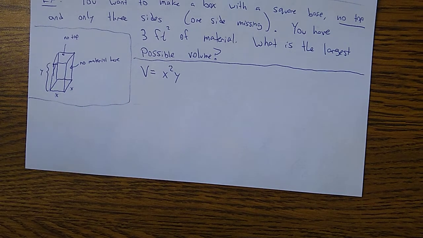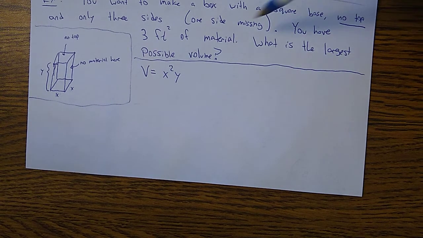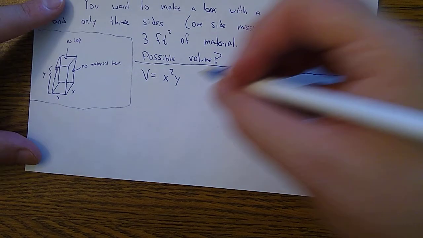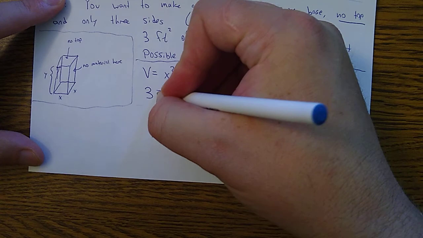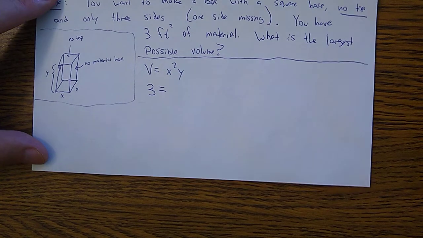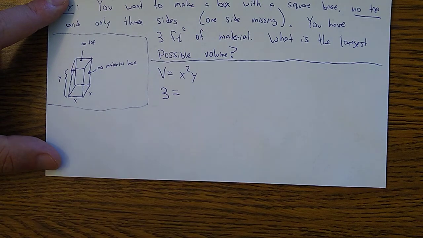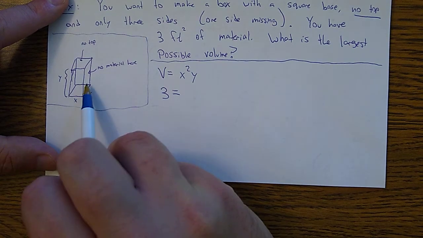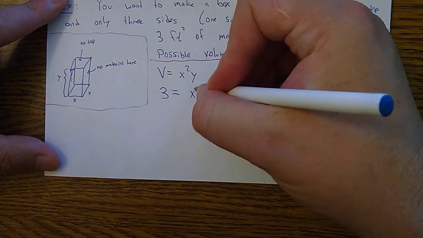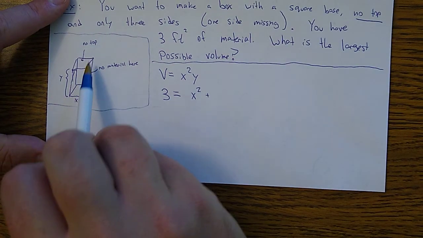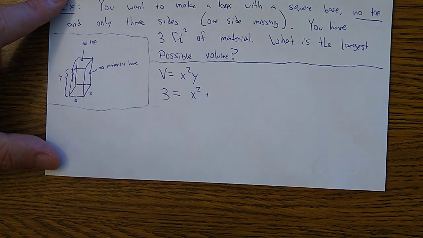What I know is the total amount of material that I have. So I'm going to take 3. And how much material would this use? A box typically has 6 sides, right? But we're missing some. So let me just count these. I've got the bottom, which would be x squared. I would have the top, another x squared, but I don't have the top.